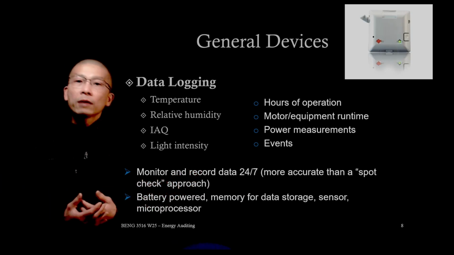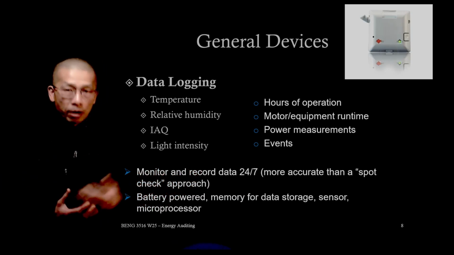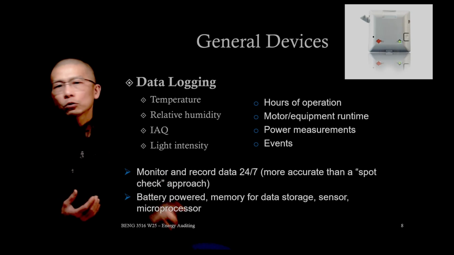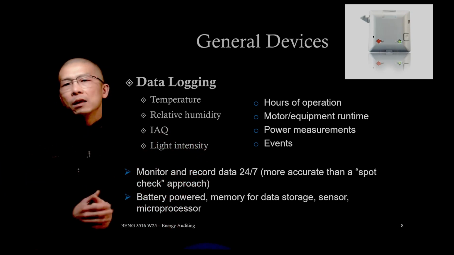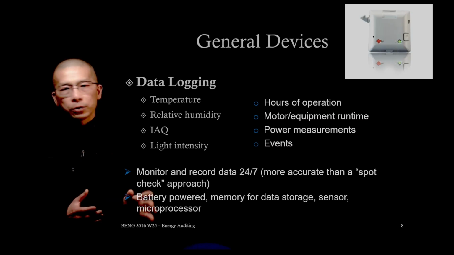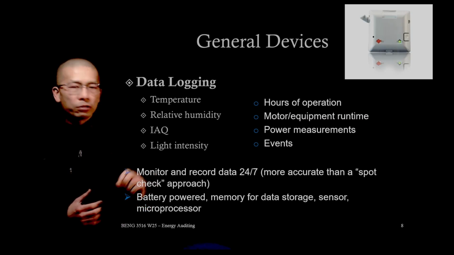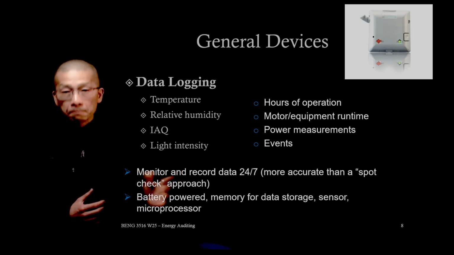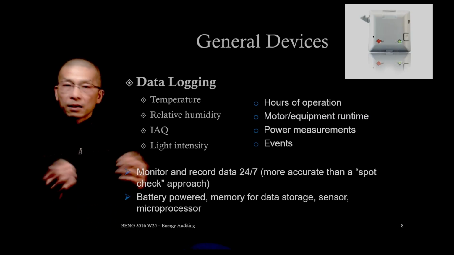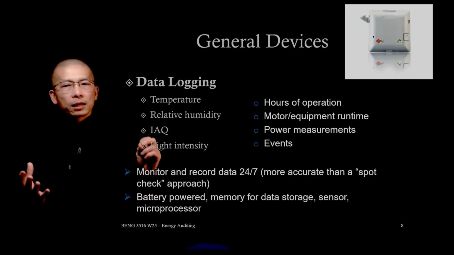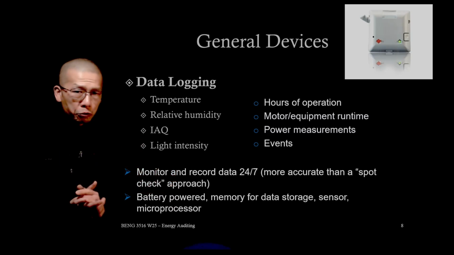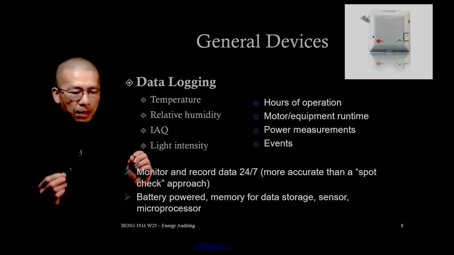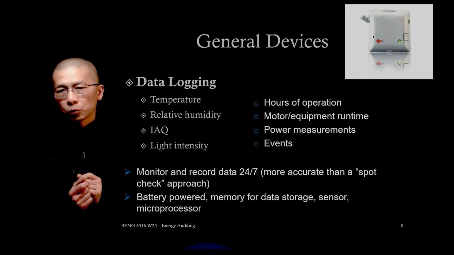And why do we use data loggers, right? They can monitor and record 24/7, provide a complete picture of building performance, and are more accurate than occasional spot checks. It's a self-contained unit. Some can be battery powered with memory for data storage, and sometimes smart sensing as well.